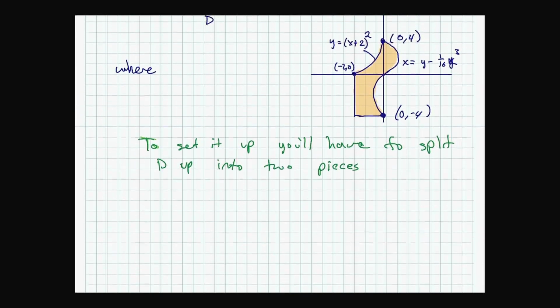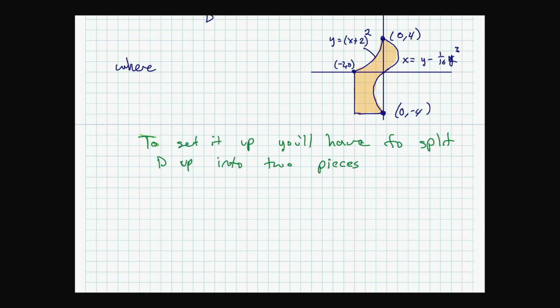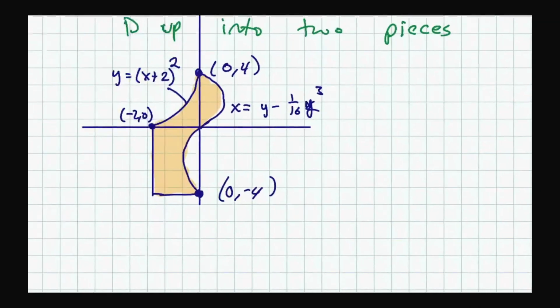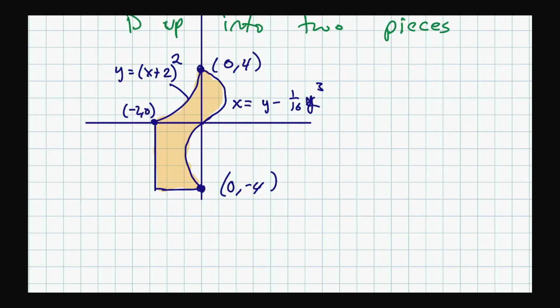So what are the pieces? So let me just copy this. Duplicate it, move it down here. So the two pieces that you want are going to be like this. So you're going to do one here, top half of the graph, like maybe I call that D1.